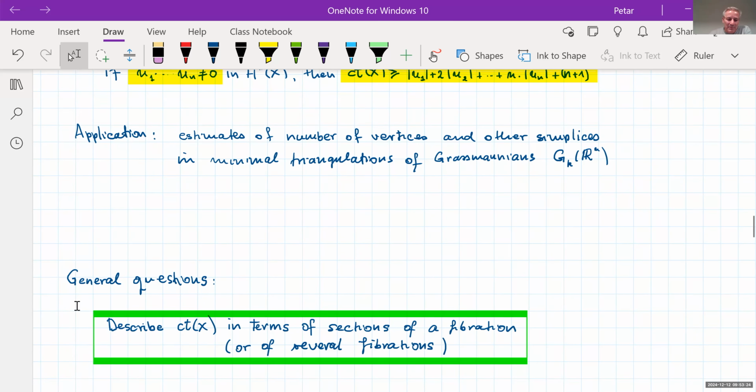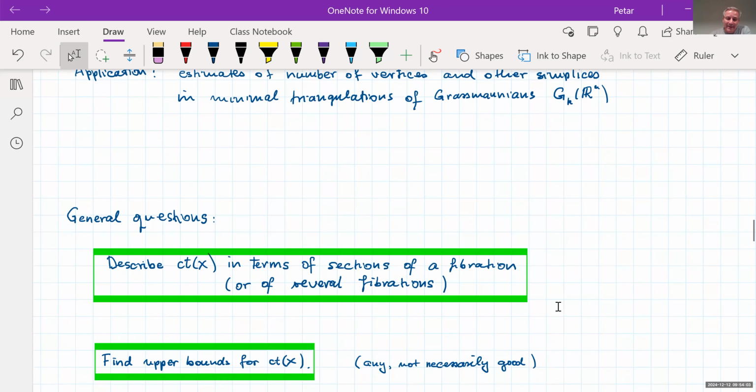So maybe the first problem would be to find some nice description of the covering type in terms of sections of some fibration, or maybe several successive fibrations, because after thinking a while about that, I think we may need more than one fibration to express this. This would be really very nice, and it would probably open many possibilities for computation or estimates for the covering type of X.